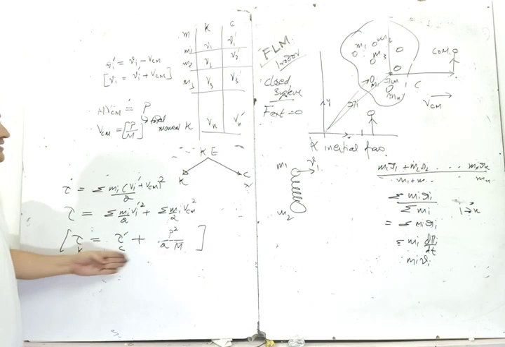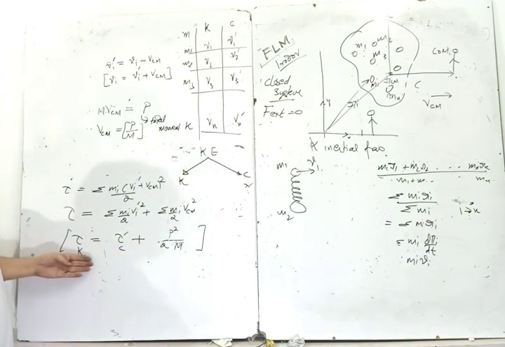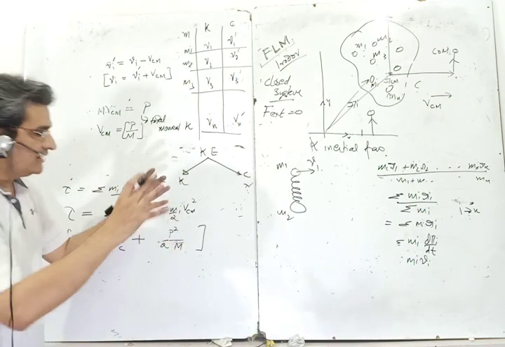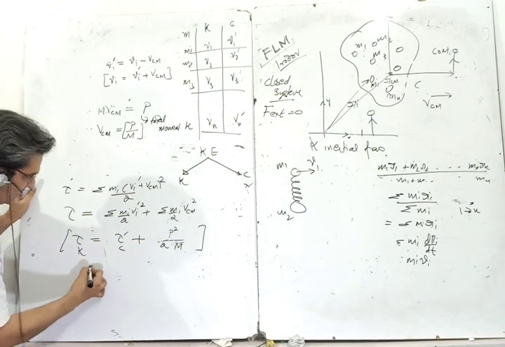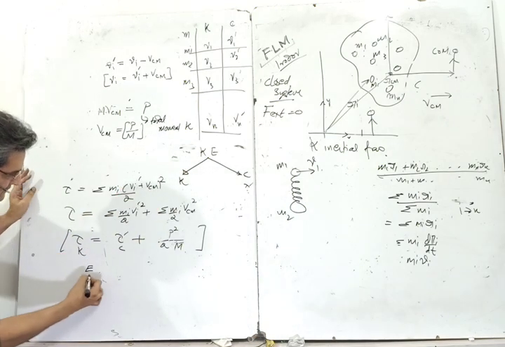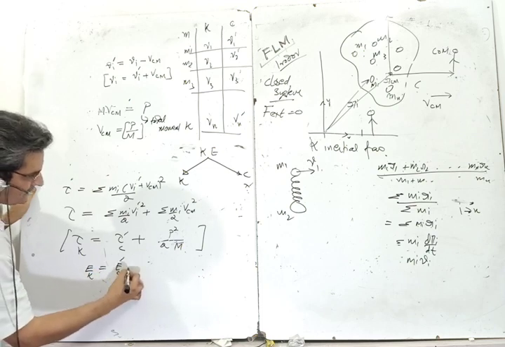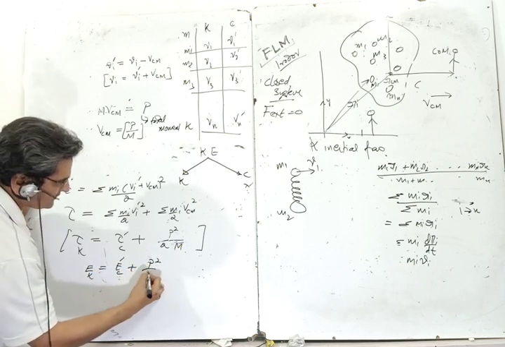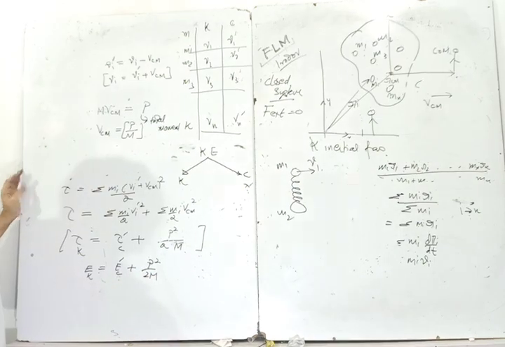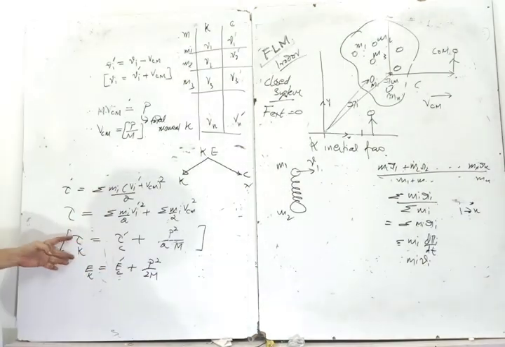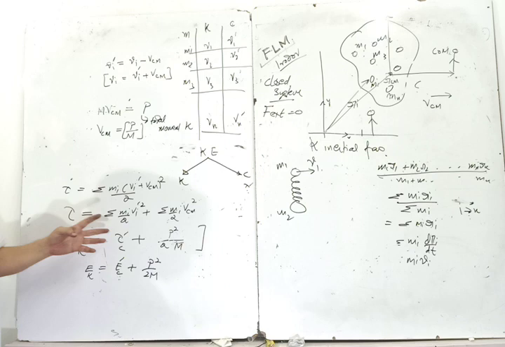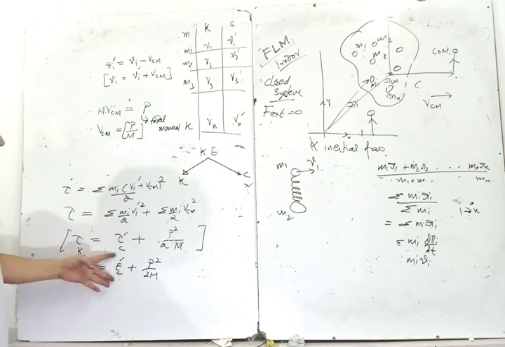Now this is the kinetic energy of the system in K frame and C frame, linked like this. And by analogy, total mechanical energy is also written like this. E in K frame is E in C frame plus P square upon twice M. The difference gives the other, whether it is spring energy or other potential energy.